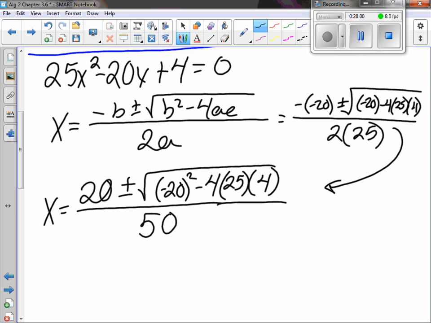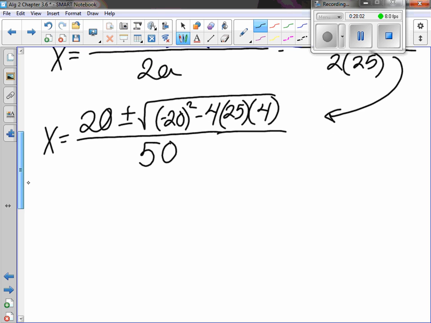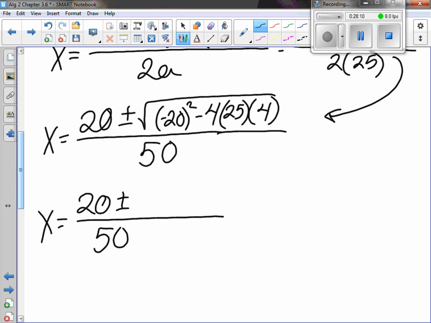Now at this point here, we could plug everything that's inside the square root into the calculator. Negative 20 squared minus 4 times 25 times 4 gives us 0. Well, what's the square root of 0?